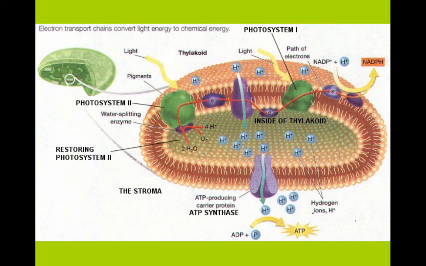It's going to take their energy, use it to make ATP, and then those hydrogens, if you look in the top right corner, are going to get attached to NADP plus, our shuttle bus, and become NADPH. And that will get used later when we start talking about the light-independent reactions of photosynthesis.